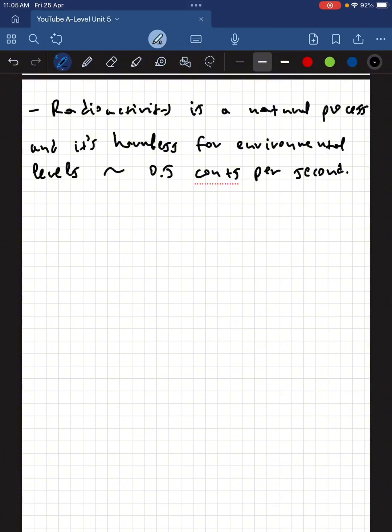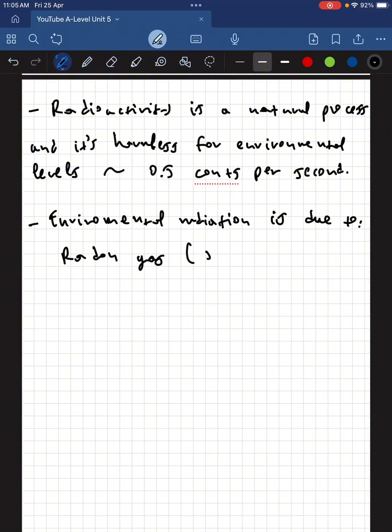Okay, what causes this environmental radiation? So environmental radiation is due to, let's see, radon gas at about 50%. Radon gas is a noble gas. It's in the same family as helium-4, neon, I think it's neon-20, argon, xenon, etc. It's radioactive.